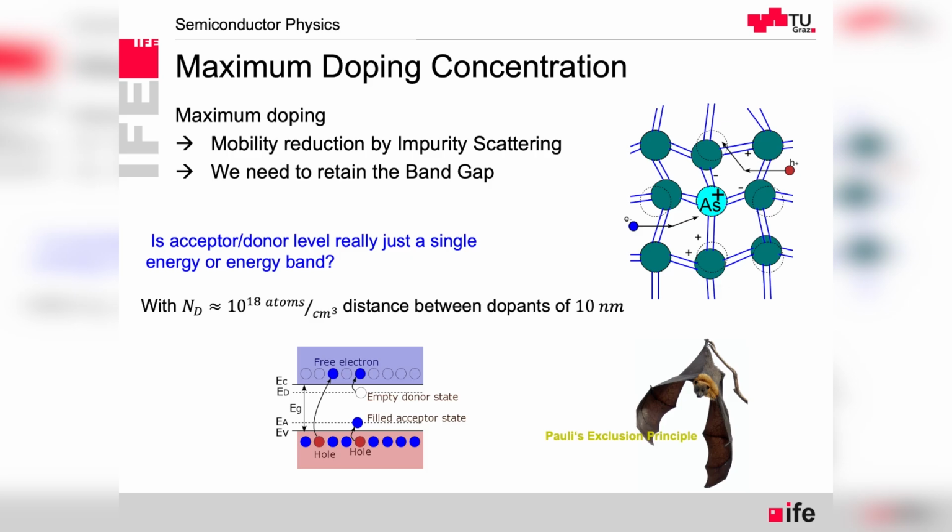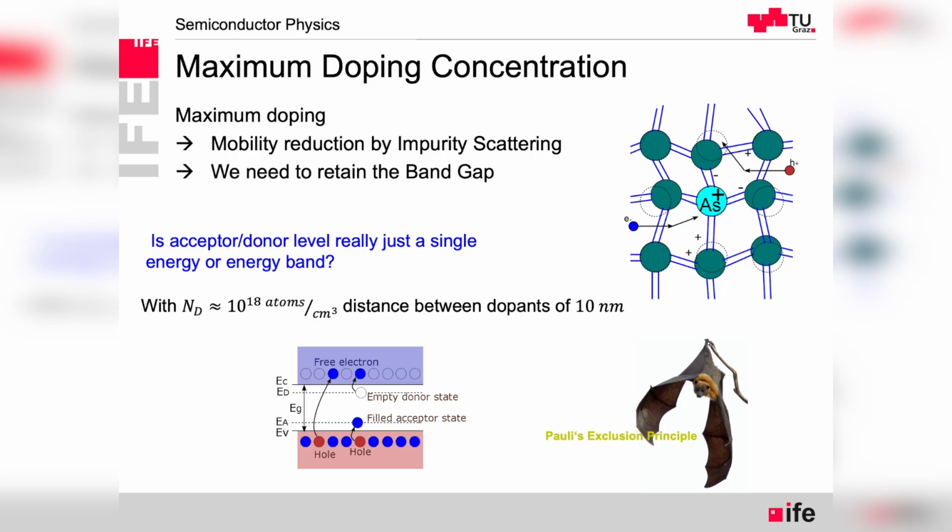And if we have many of them, then the mobility will be degraded. And secondly, the band gap structure is changing when we add more and more dopant atoms. So what happens?